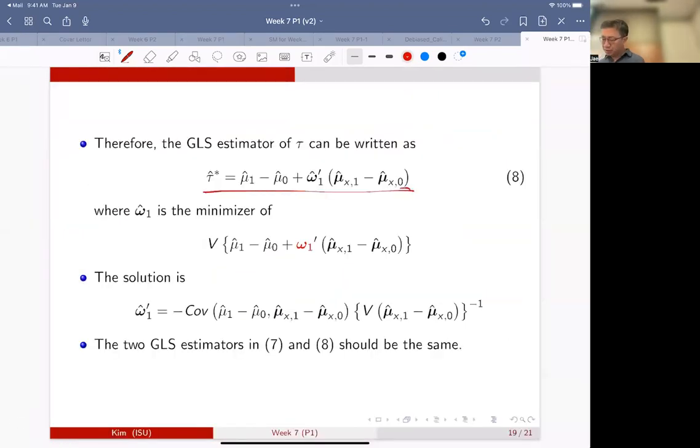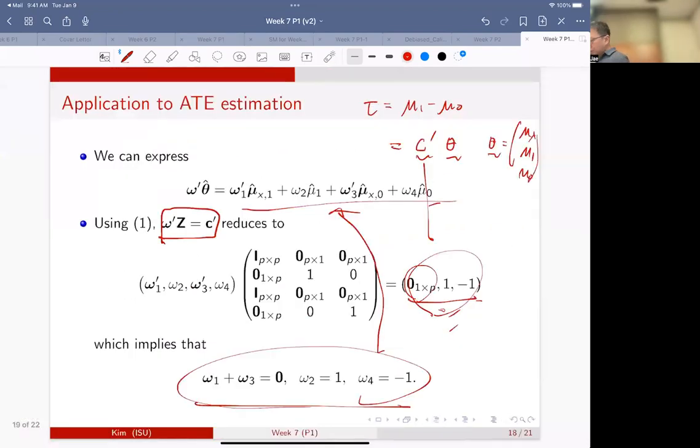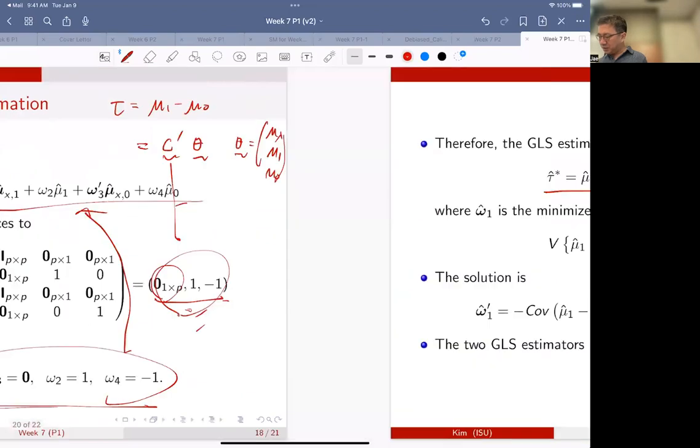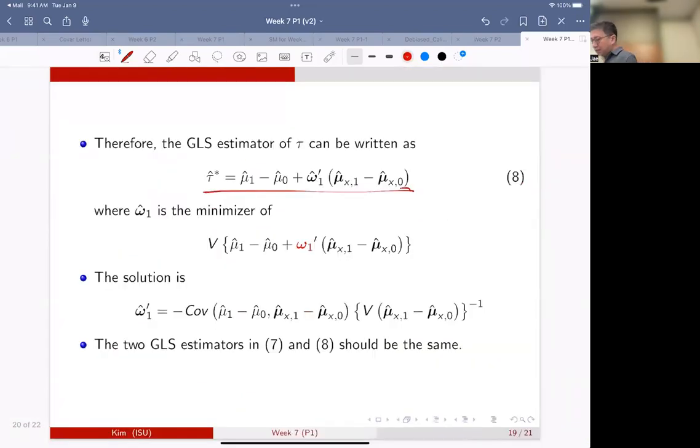So you plug in this guy to here to obtain the GLS estimator. So we have 4 parameters, right? Omega 1, omega 2, omega 3, omega 4, 4 parameters, but you have 3 constraints. So you have 1 free parameter. So that's omega 1. And then the minimizer, the optimal one, you can call it star.